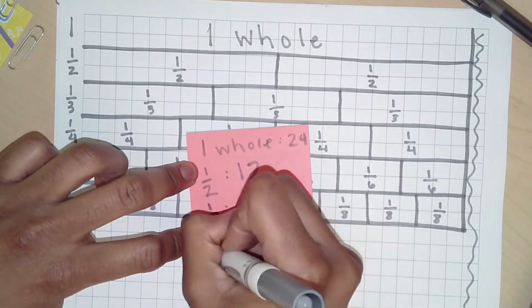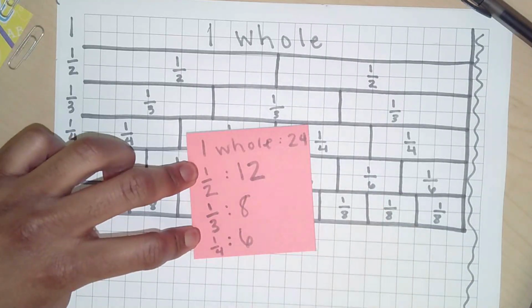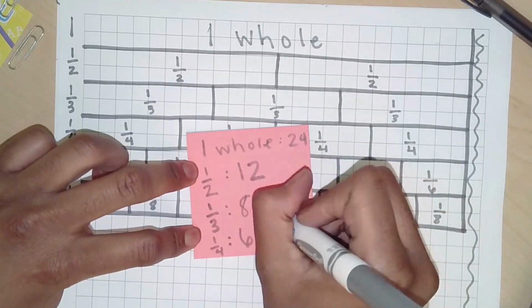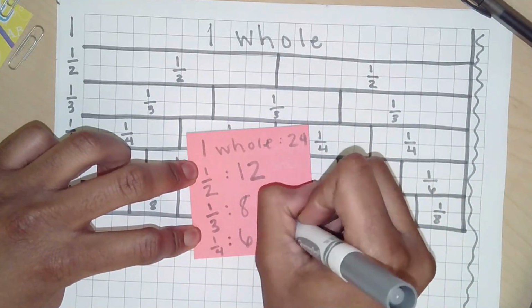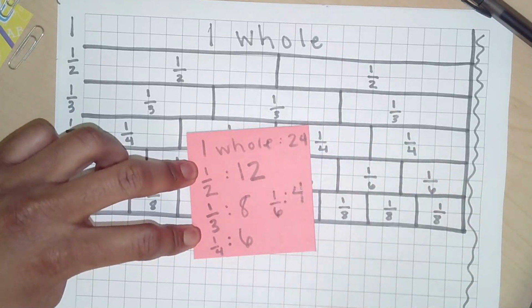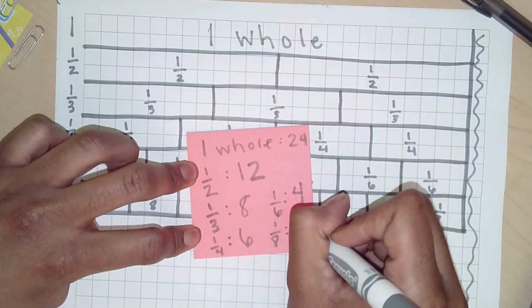For 1/4, we're going to use 6 for each bar. For 1/6, we're going to use 4 for each bar. And then for 1/8, we're going to be using 3 for each bar.